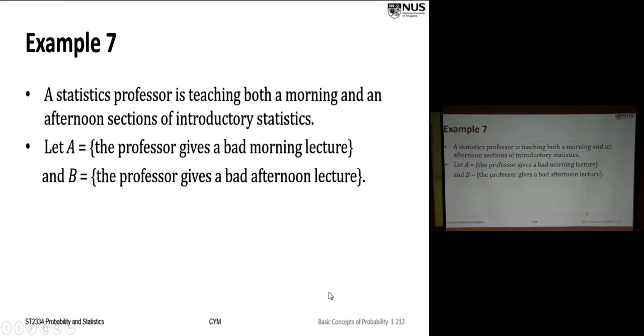There are two events. One is A, the professor gives a bad morning lecture, and B, the same professor gives a bad lecture in the afternoon. So, are these two events independent?